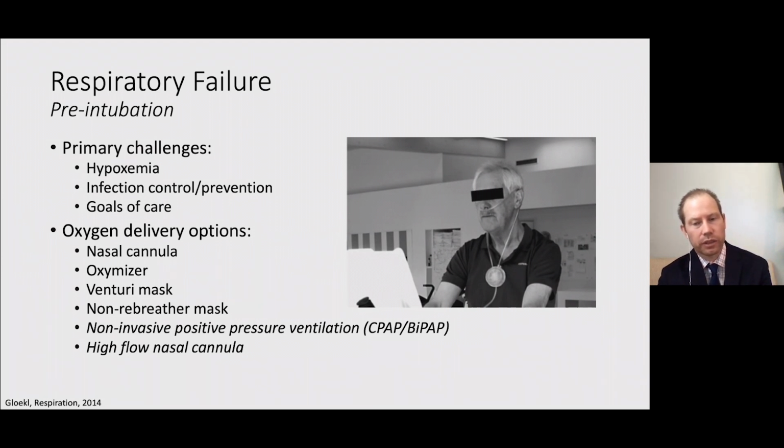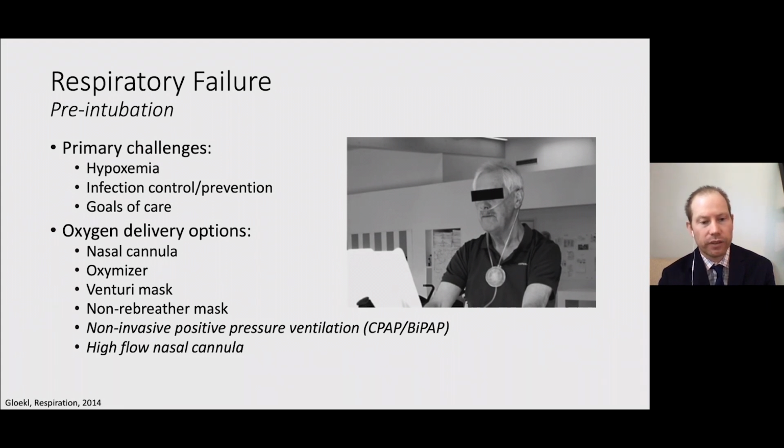They are essentially oxygen concentrators, and they improve the ability to deliver a higher concentration of oxygen for the same flow rate. You can see one on the right side of the screen. This is a pendant type oximeter. There's also a nasal mustache type oximeter, which looks the way it sounds. It looks like a small bag or mustache that's placed underneath the nose. And this, with the same flow rate, allows us to deliver effectively a higher FiO2.